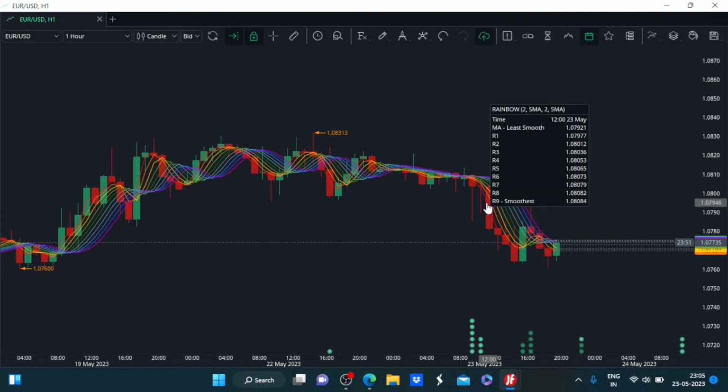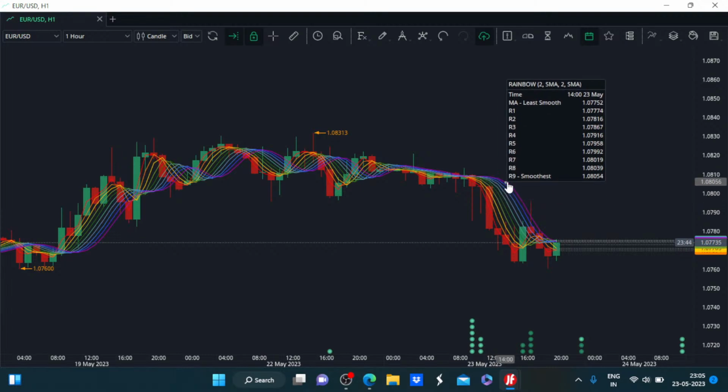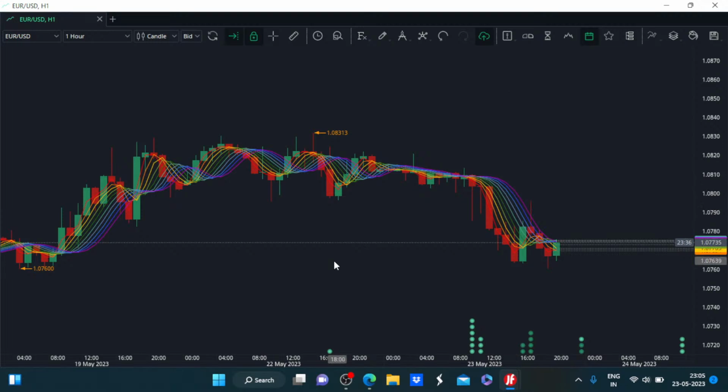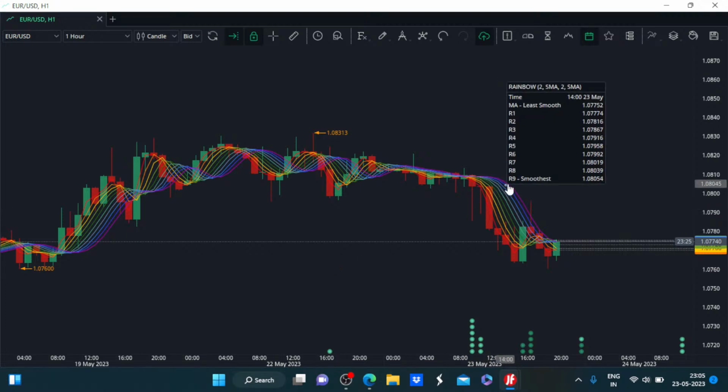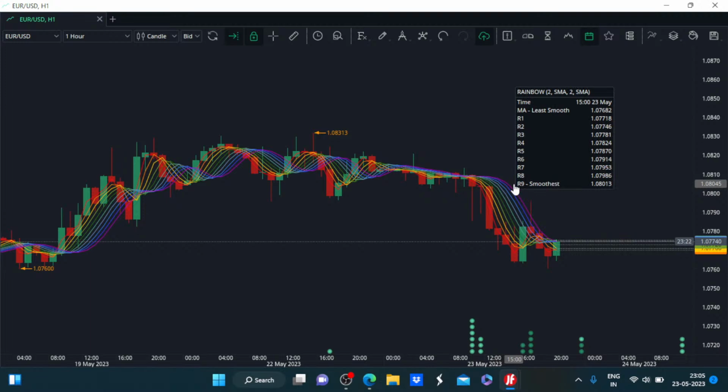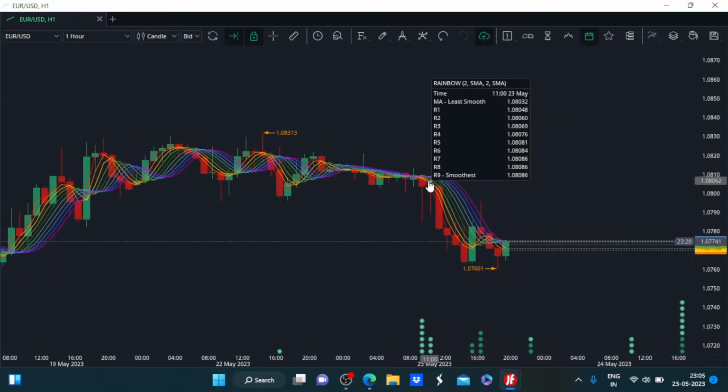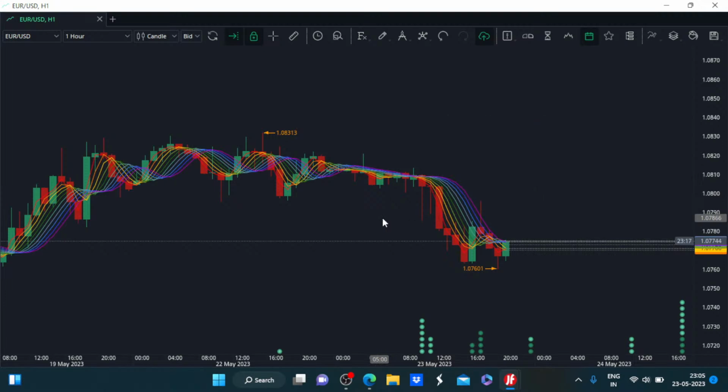So the least smooth moving average is at the lower end, and the smoothest moving average is on the top. Whenever there is a price change, the momentum will be denoted by the least smooth moving average. It will be the first one to turn the corner, and the last one will be the smoothest moving average. So we have to look at this whole picture and see how things are shaping up.